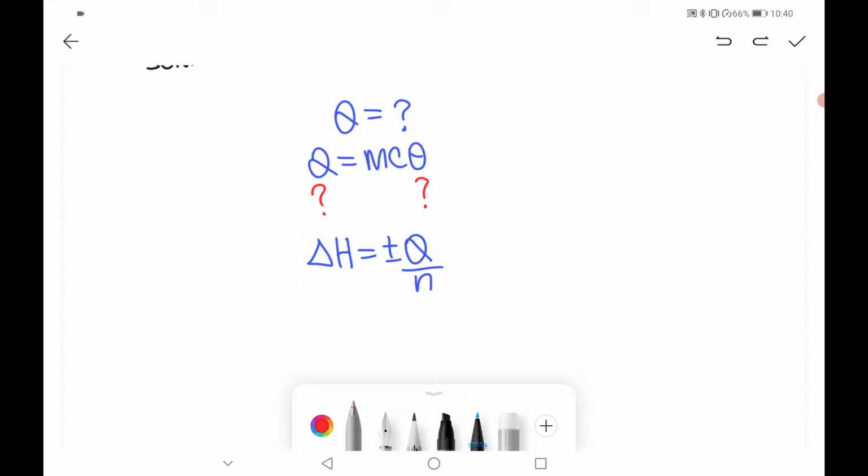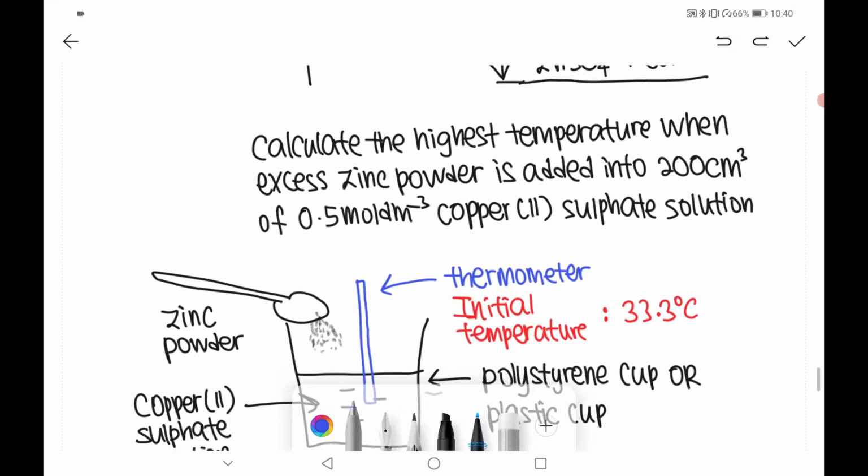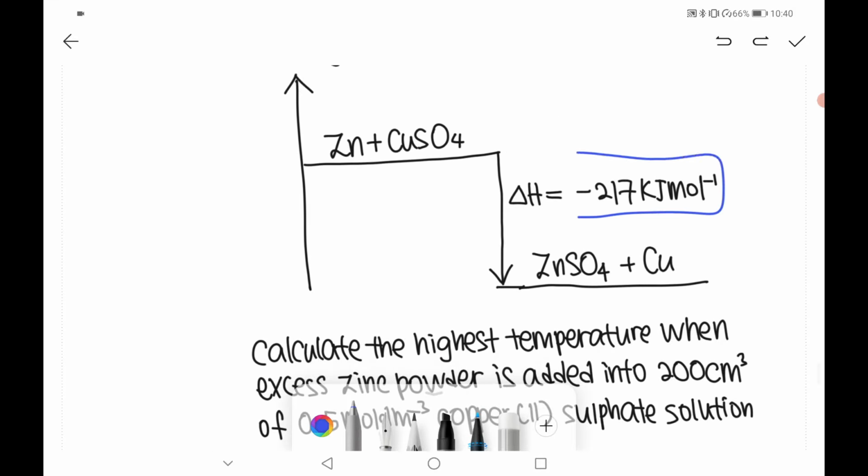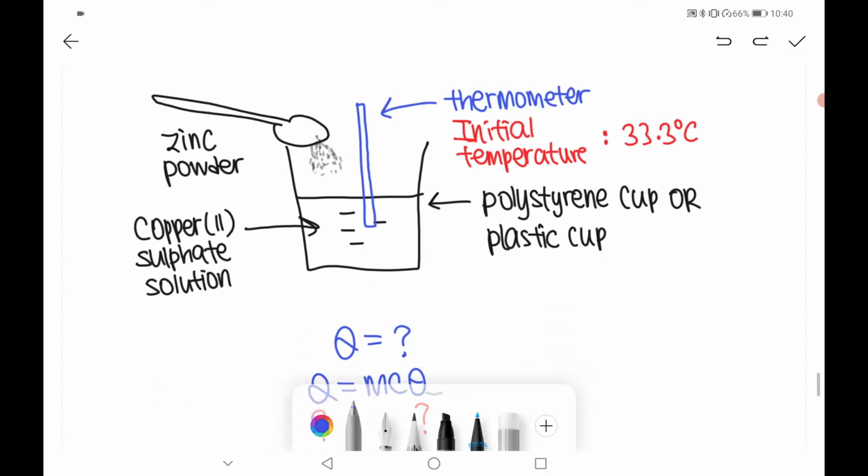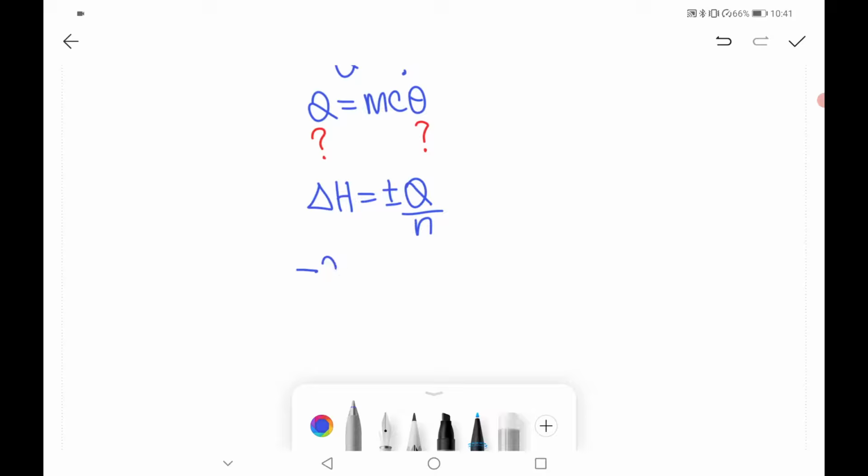For this formula, fill in the blanks. Do we know delta H? I would say yes. The delta H is here, negative 217. So copy it, negative 217. But watch out, it is kilojoule per mole, it is kilo, so it must be multiplied by 1000.